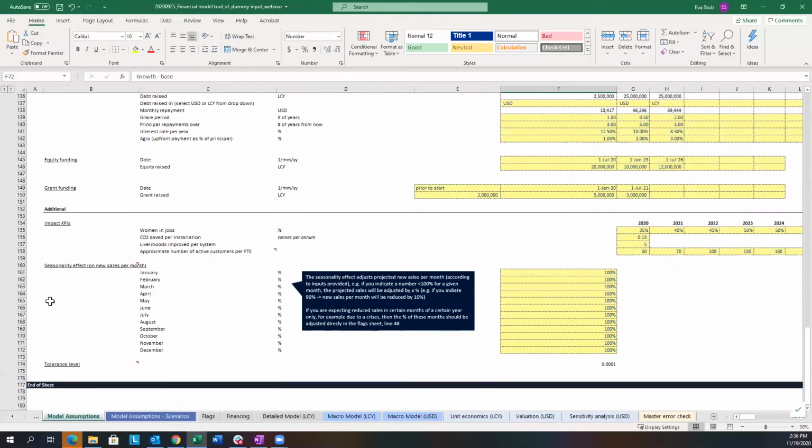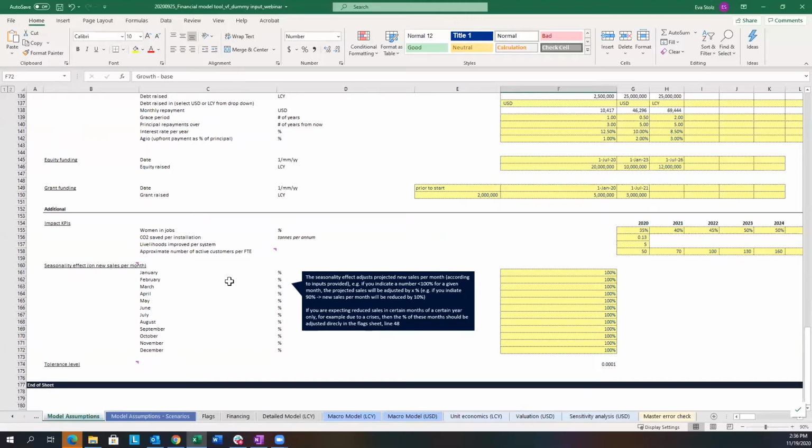And then you also have the seasonality effect, so that it adjusts the projected new sales per month, based on the growth rate that you indicated, by a seasonality effect. For example, if every year in a given month you have lower sales because it's crop planting season, then it makes sense to indicate that here.